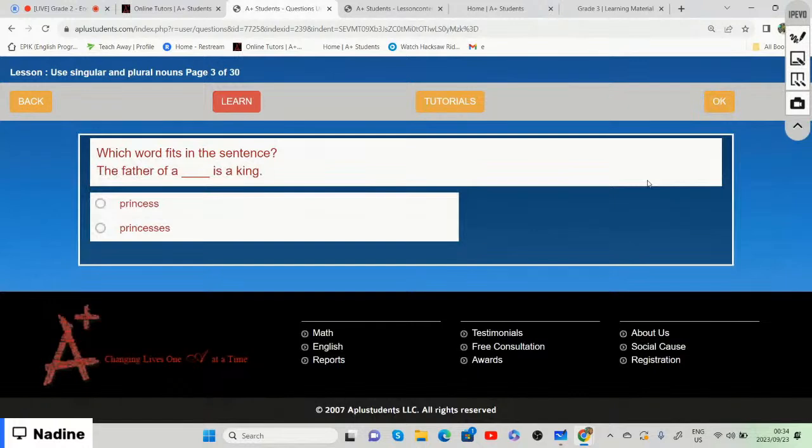And the father of a princess is a king, or the father of a princess is a king. Which one do you think is correct? Is the first one the father of a princess, or the father of a princess is a king?